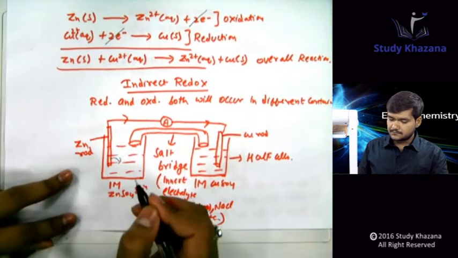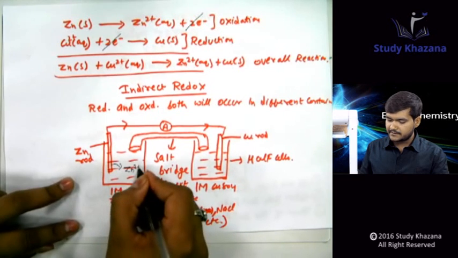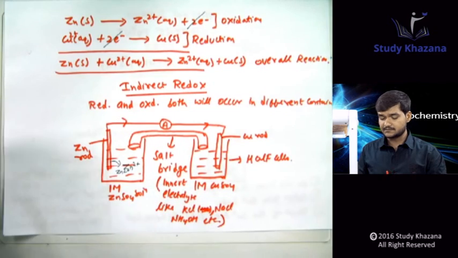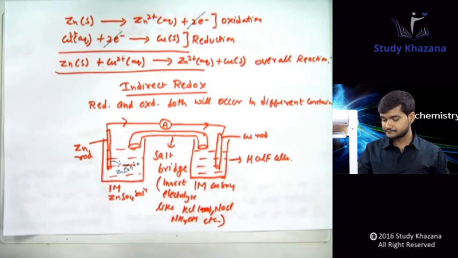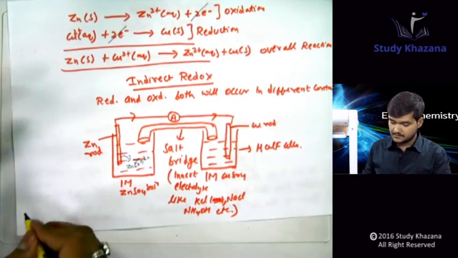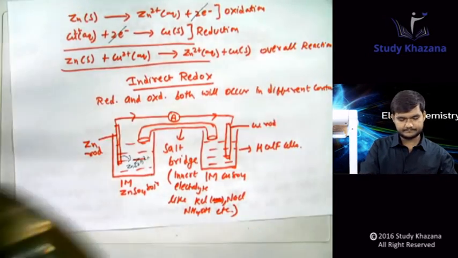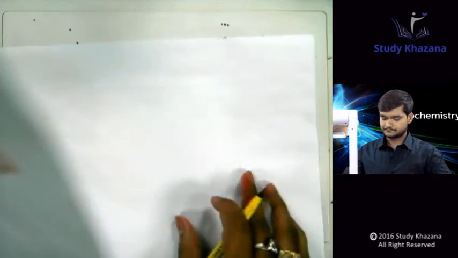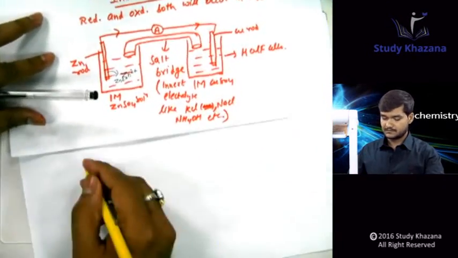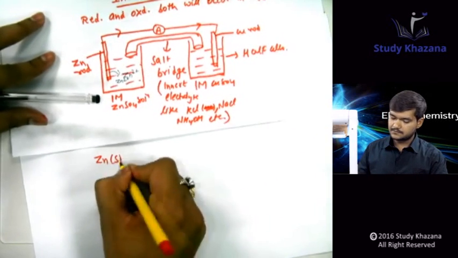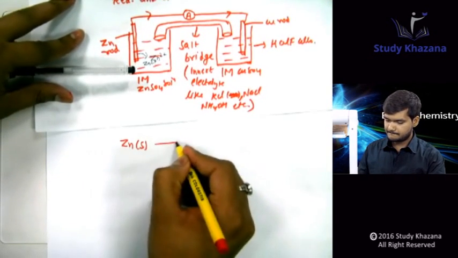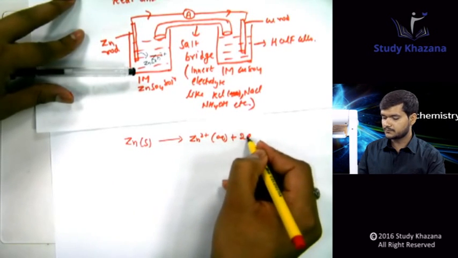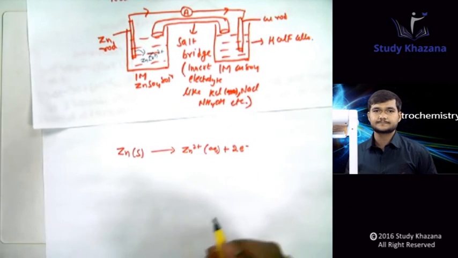Again, zinc from the rod comes into the solution as Zn2+ ions, by losing 2 electrons.